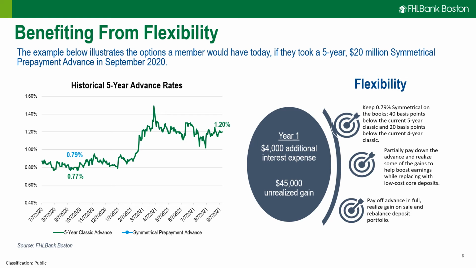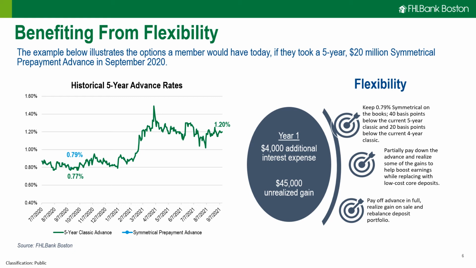So right now you have a $45,000 unrealized gain on this advance. So we're still holding it on our books right now in this example, but we're going to talk through the different options that you have and where we talked about the flexibility that can be afforded here in taking the symmetrical over the classic advance when it makes sense.